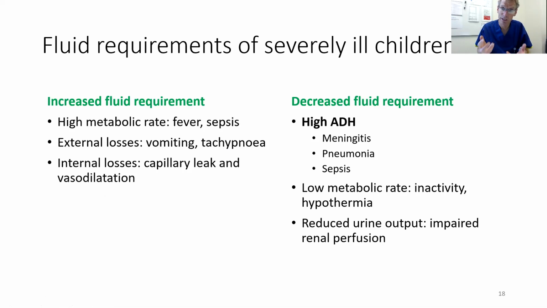And so we need to examine children for their signs of overhydration, normal hydration, or underhydration, and adjust their fluids accordingly. So you start with the 150-20 rule or the 4-2-1 rule, and then you either go up a bit or down a bit, depending on whether they have these signs, what their underlying disease is. I hope that makes sense.